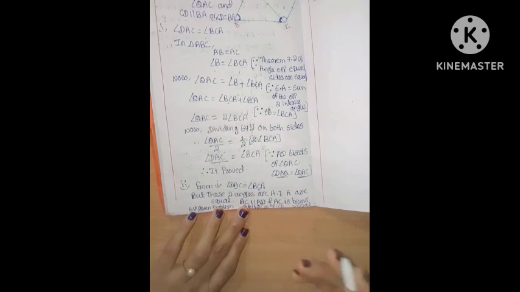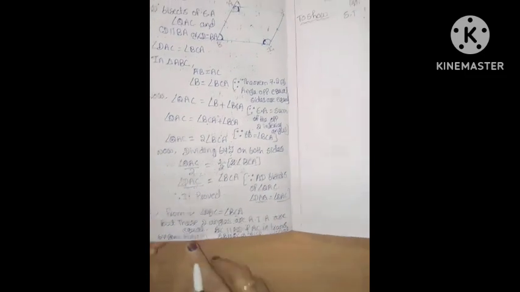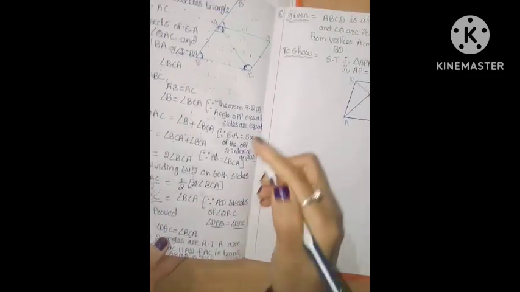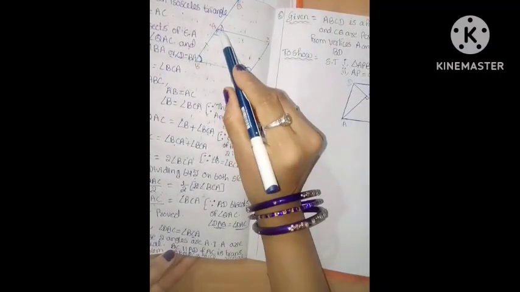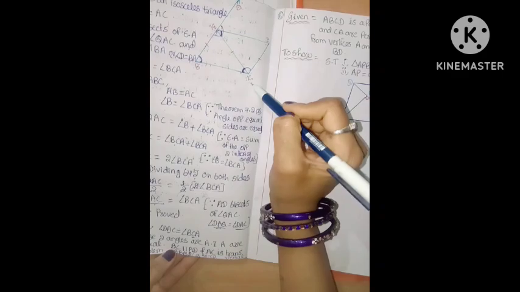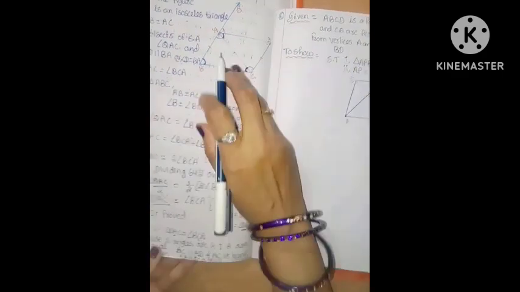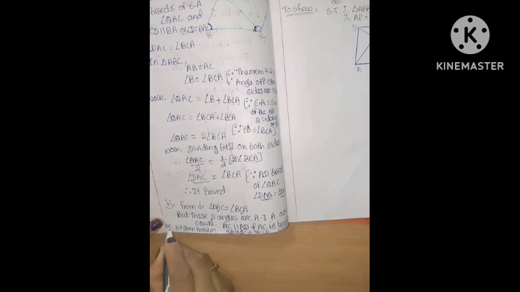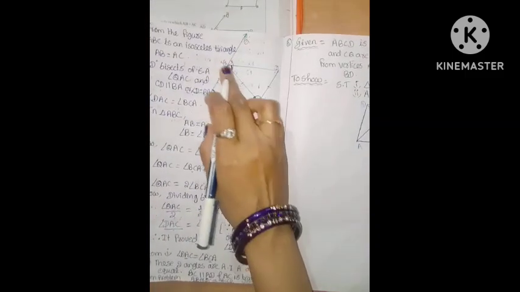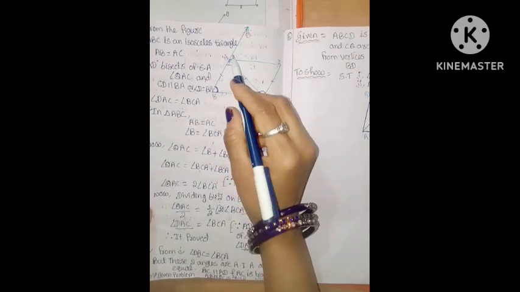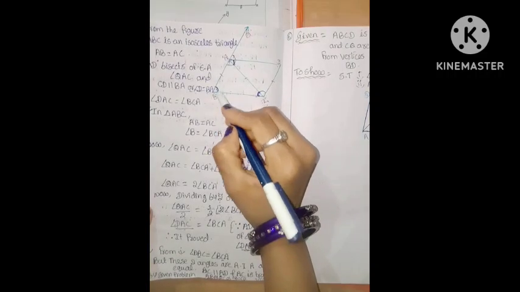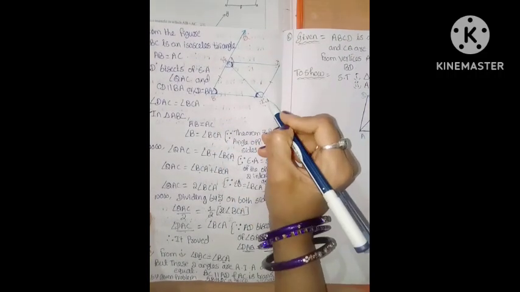Are you clear? Why are these two equal? This is the alternate interior angles being equal, and these are the parallel sides. AD is parallel to BC only. But in the given problem, CD is parallel to BA, given only. So that's why these two sides are parallel and equal.